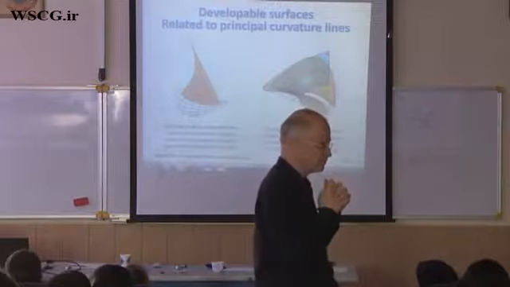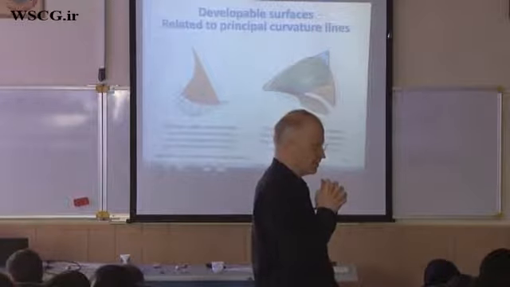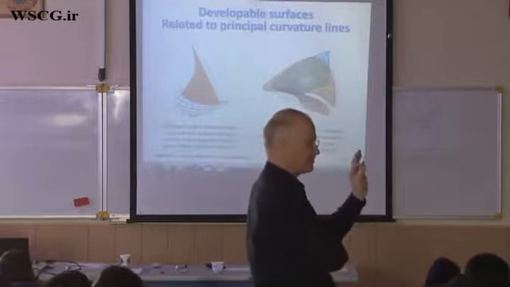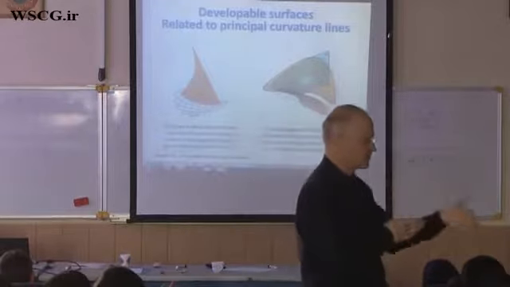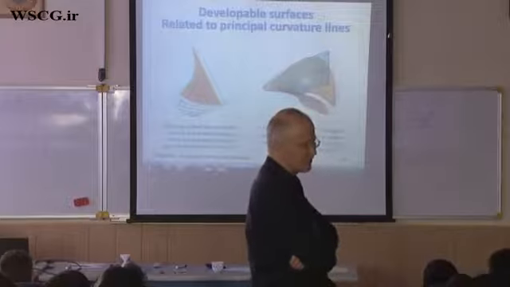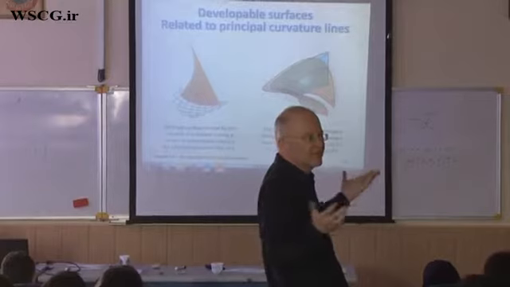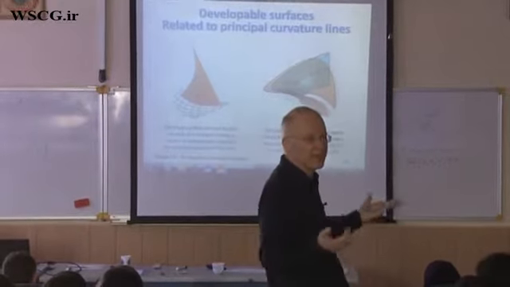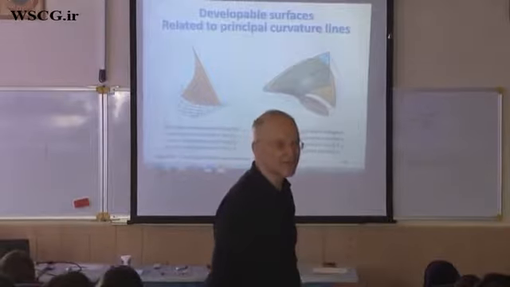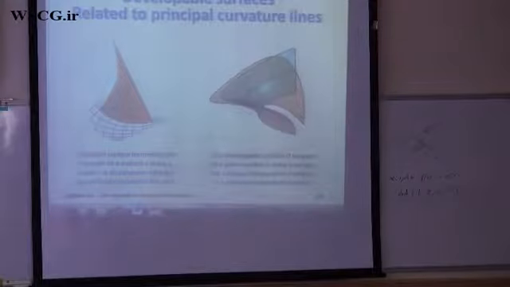It is only developable if you always go in principal direction. This has nothing to do in principle with u and v, because a parametrization of a surface is not unique. There are infinitely many parametrizations, so you can prove there is a principal parametrization, at least locally, away from an umbilic.